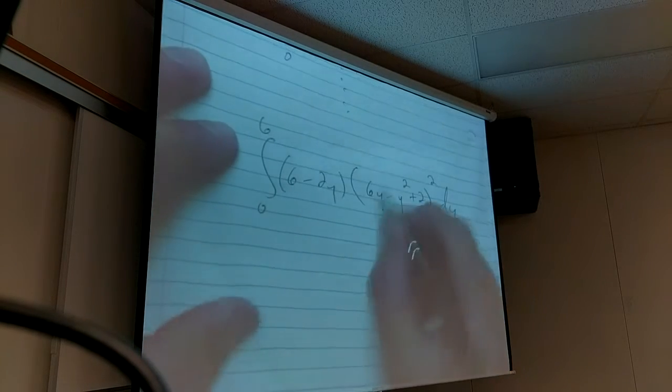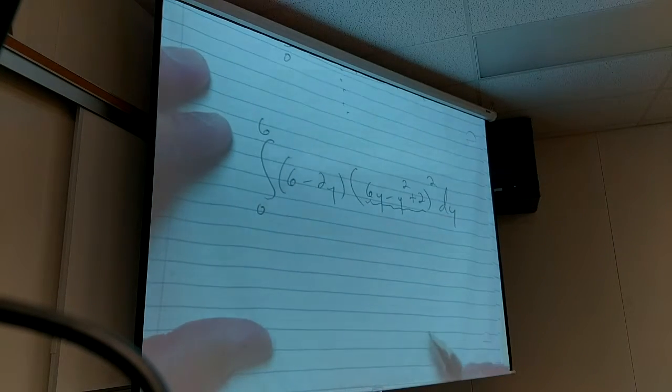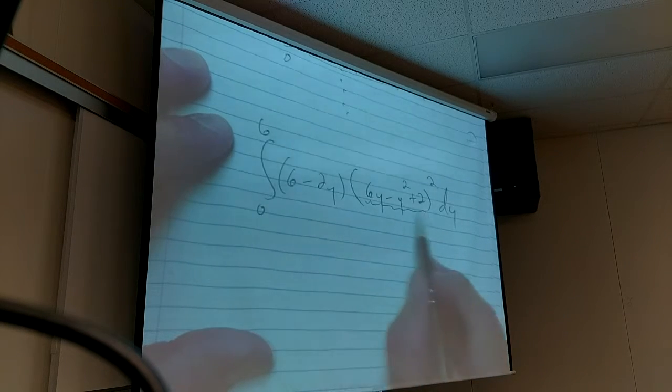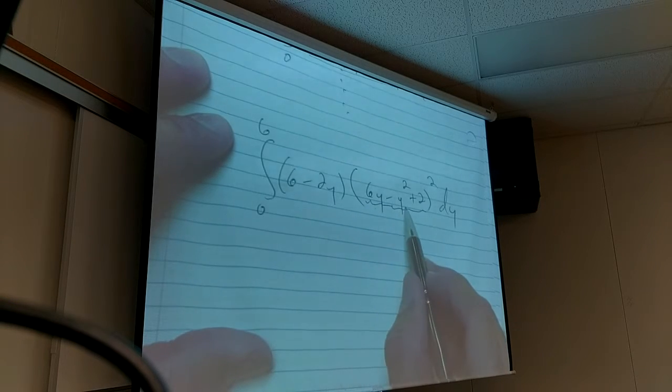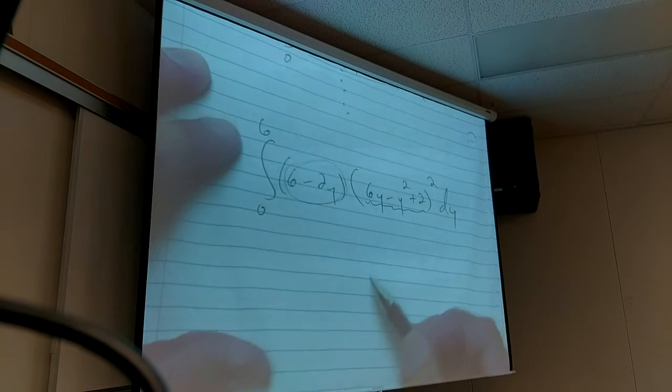What's the derivative of this? What's the derivative of this? 6 minus 2y. That's what this is. U sub works.